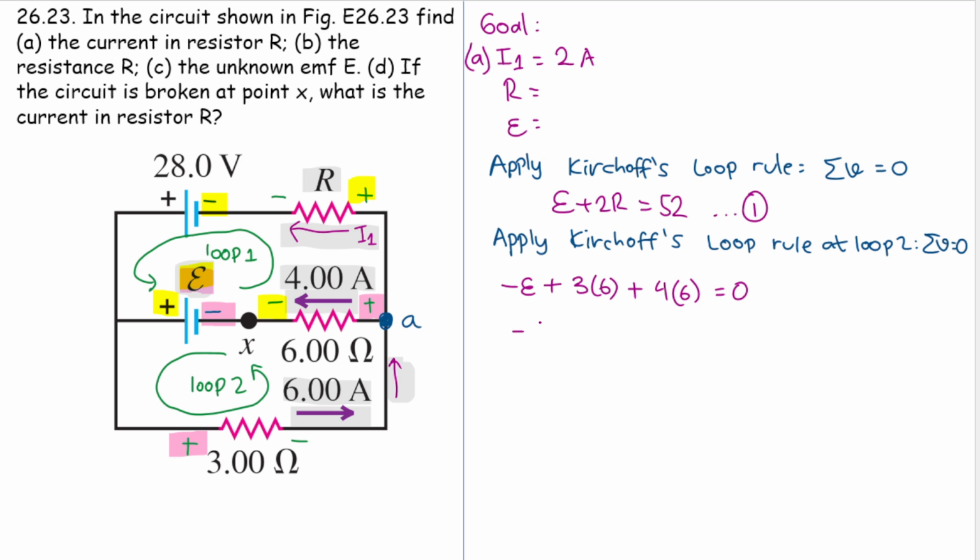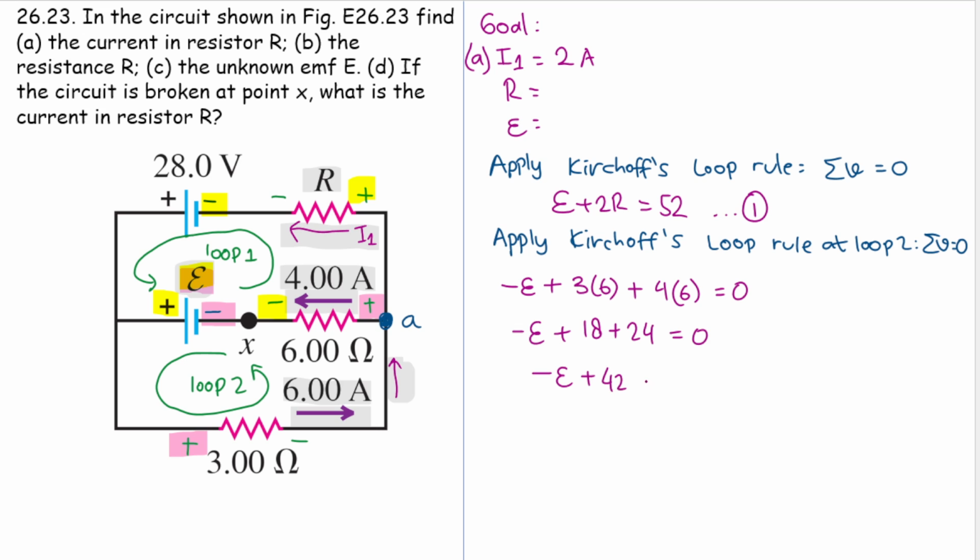So we'll have minus E, plus 18, and then plus 24, and that will equal 0. So we'll have minus E, plus 18 plus 24. I think that will be 42, right? Yeah, 42, I think.